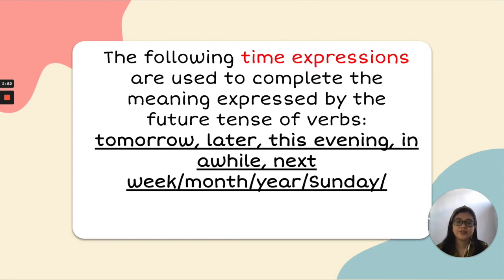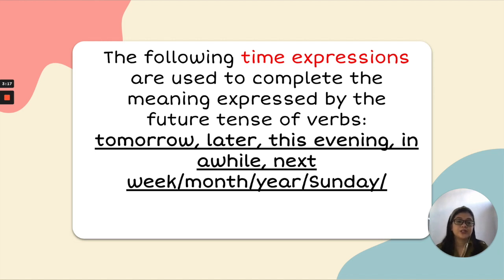The following time expressions are used to complete the meaning expressed by the future tense of verbs. Most often than not, these are used in sentences with the future tense of verbs. These time expressions are tomorrow, later, this evening, in a while, next week, next month, next year, or next Sunday.